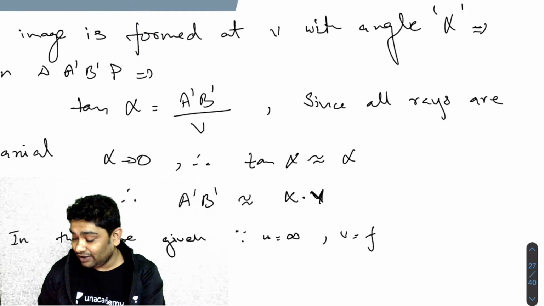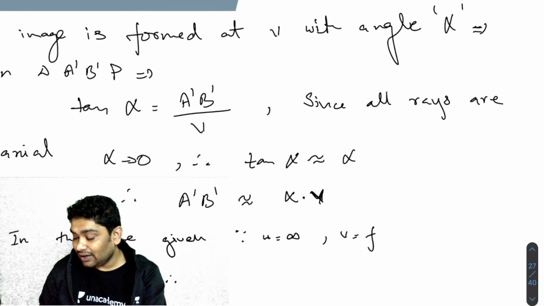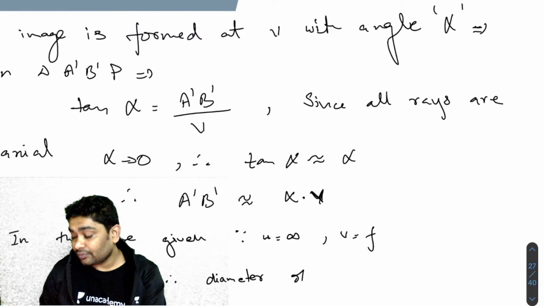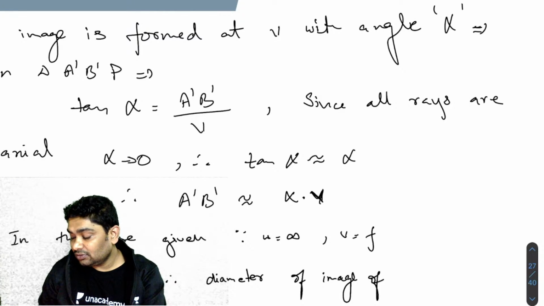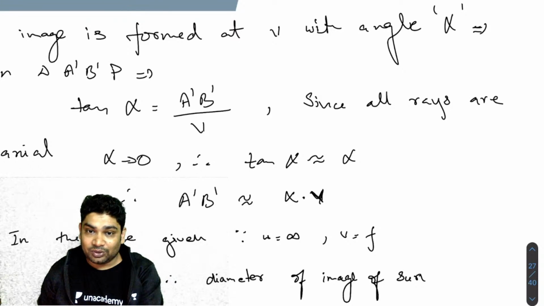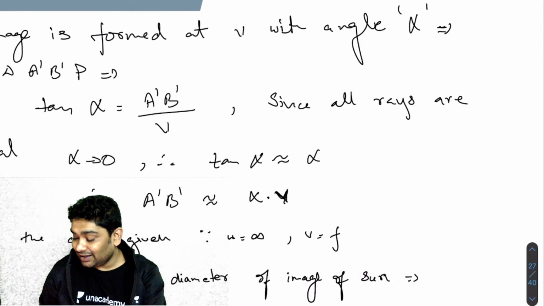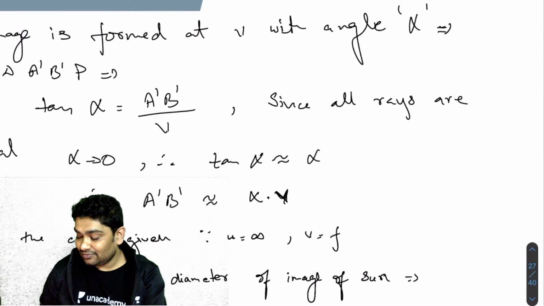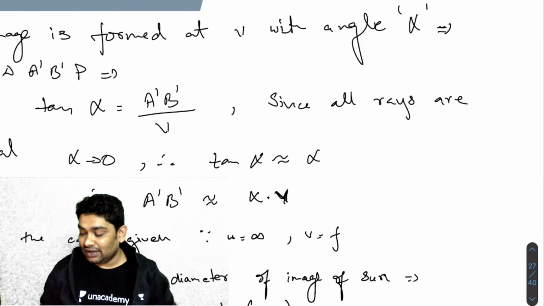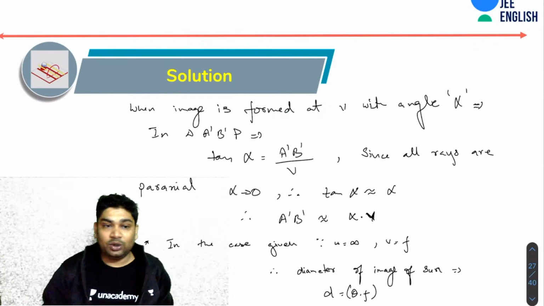So therefore, the diameter of the image of the sun: the radius would be given by half angle times f, and the diameter would be given as theta times f. As simple as that. I hope you guys followed this.